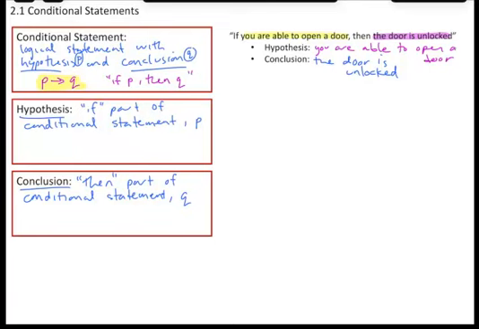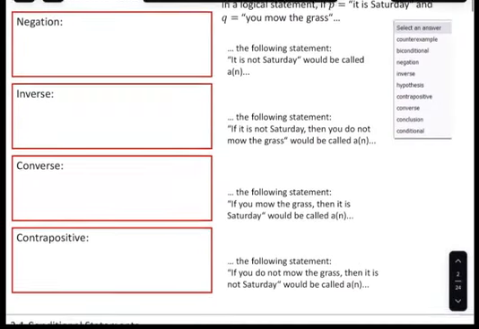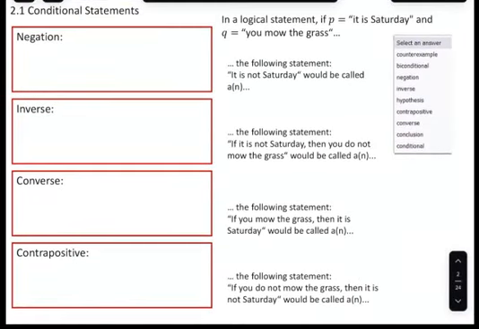That's what we're going to look at here in this second slide. This is the majority of what you're going to be doing: adding slight modifications to these statements. One modification is negating the statement. A negation just means the opposite of.